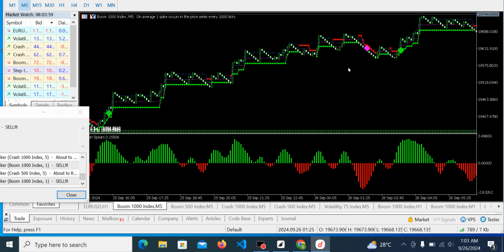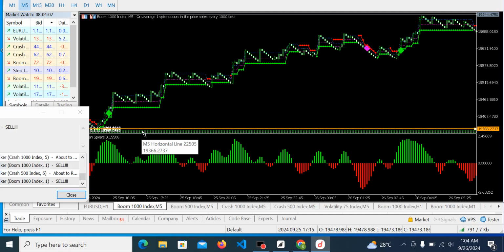So when they get to the support, there is one thing you should always know. Once a market gets to this support zone, whether you are using this trading tool or not, you should know that there are two things that can happen from the support zone. Either there is a breakout below the support zone, or it changes the direction of the trend.